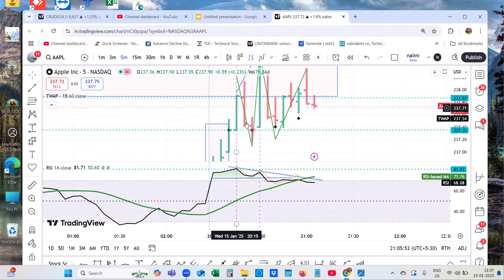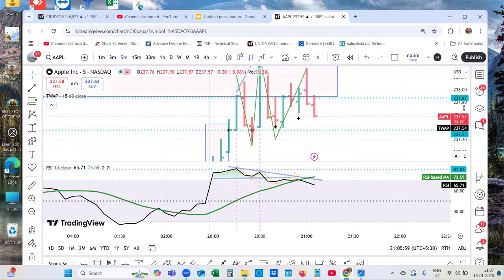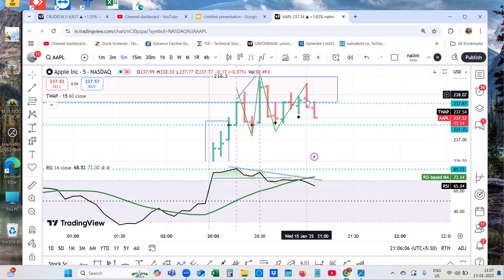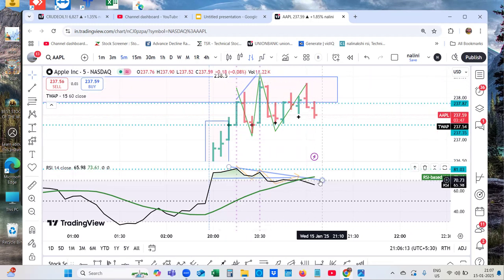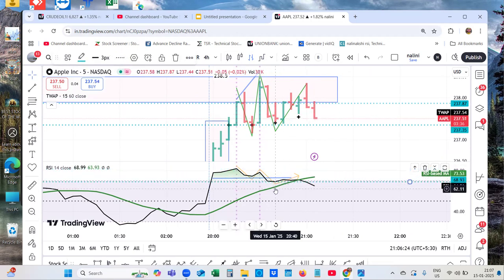Let me change it to the bar chart. Yes. Now the price is moving very swiftly because it has taken the liquidity. So this was the perfect entry, and you can see simultaneously the RSI has crossed below this, and also if I put a line, it has crossed below this level.